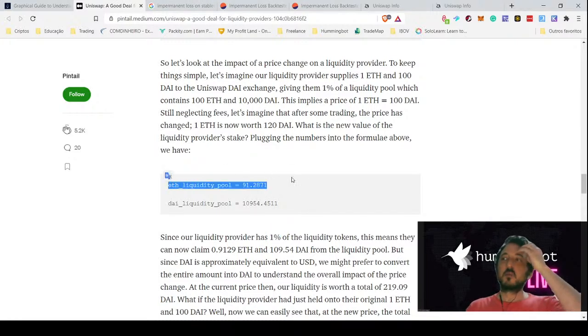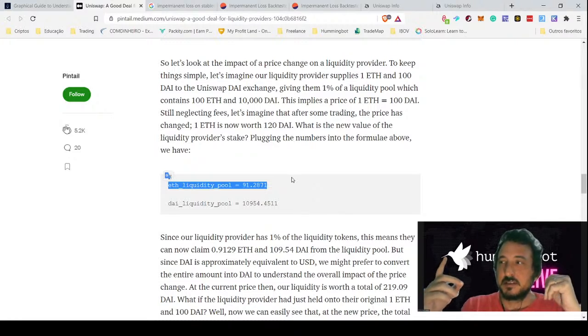So here's where what is called impermanent loss happens. Basically, over time, depending on the price of the underlying assets of that pool, the price today can be different from the price on the day you deposited.